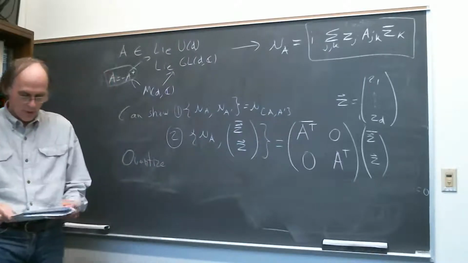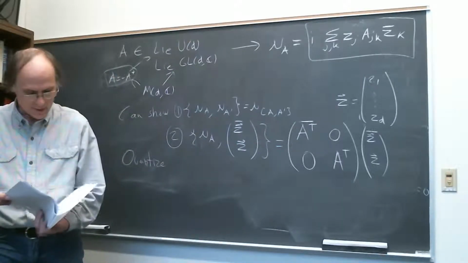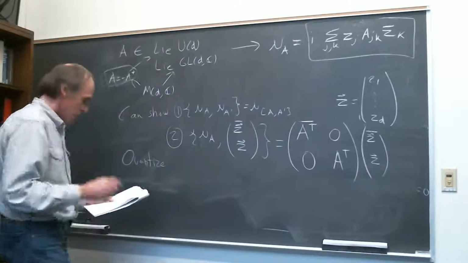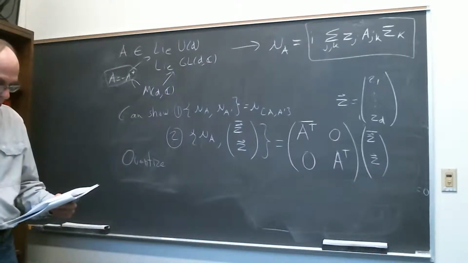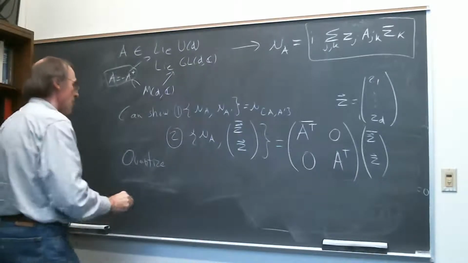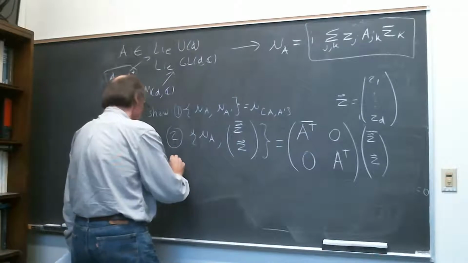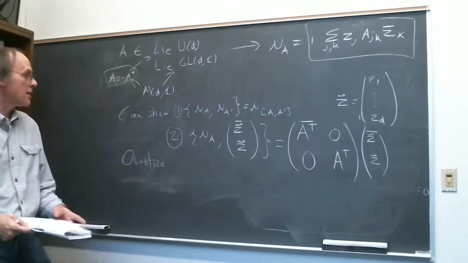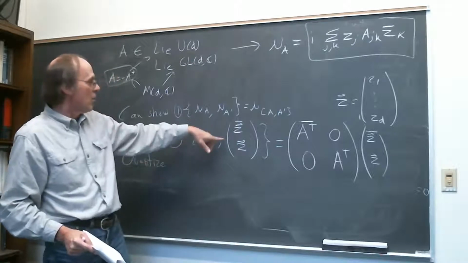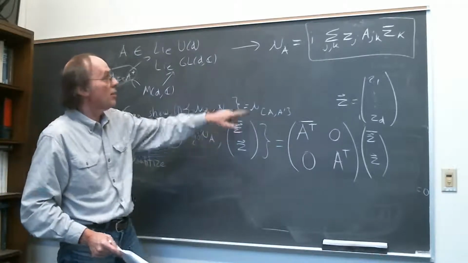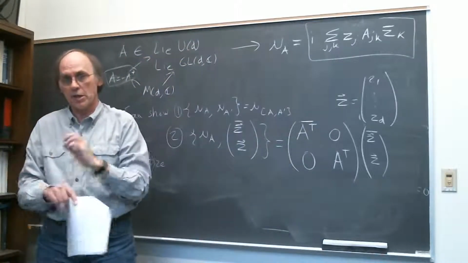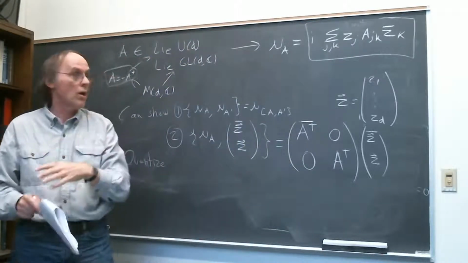So the way quantization works is basically all of these z and z bars are just going to become combinations of annihilation and creation operators.